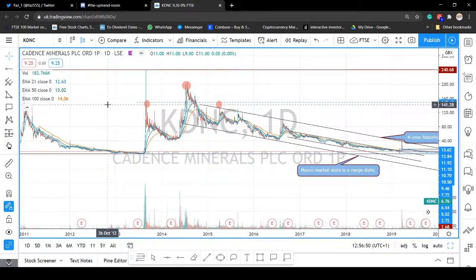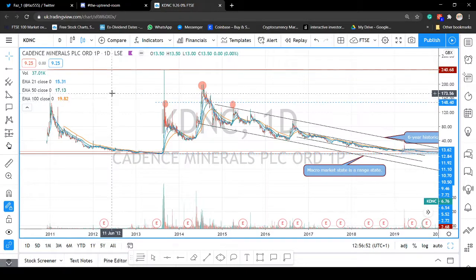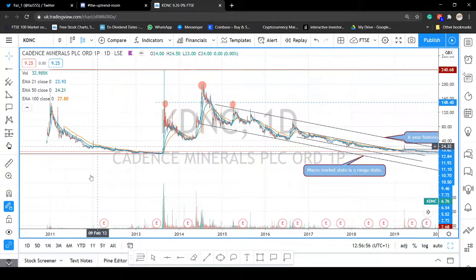So, this is KDNC. This is the super macro view of KDNC on the daily chart. Each candle on the daily chart is a day of trading. So what do we have in the super macro?